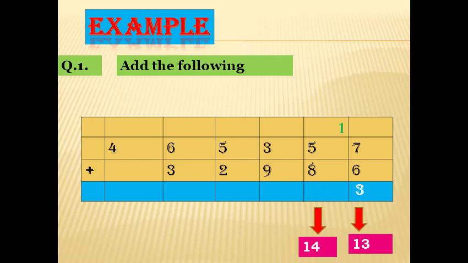We will place 4 in the tens column and 1 carry will be shifted to the next column. 1 plus 3 plus 9 is equal to 13. We will place 3 in this column and 1 carry will be shifted to the next column. 1 plus 5 plus 2 is equal to 8. 6 plus 3 is equal to 9. 4 plus no value is equal to 4.